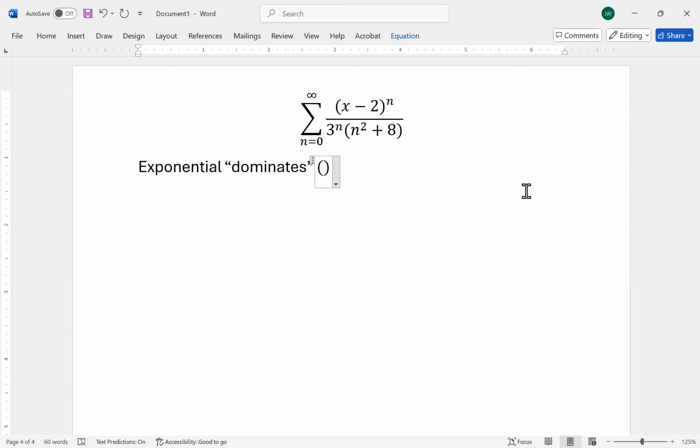And I'm going to rewrite that as one single expression. So what I'm going to do is take x minus 2 to the n divided by 3 raised to the nth power, and I'm going to rewrite that as just x minus 2 over 3.